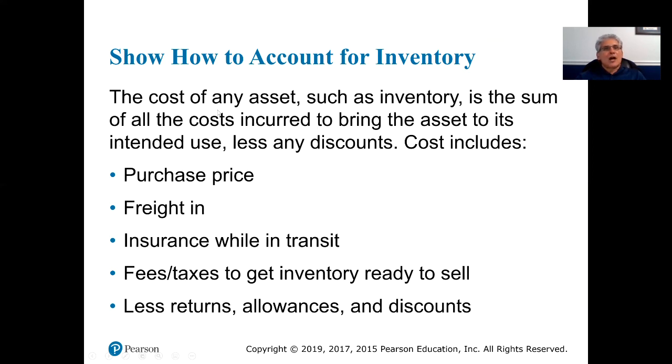But the cost of any asset, such as inventory, is the sum of all the costs incurred to bring the asset to its intended use, less any discounts. And so when we're talking specifically about inventory, the costs might include the purchase price, the freight in, the insurance while in transit, fees, and taxes to get inventory ready to sell, and less any returns, allowances, and discounts.